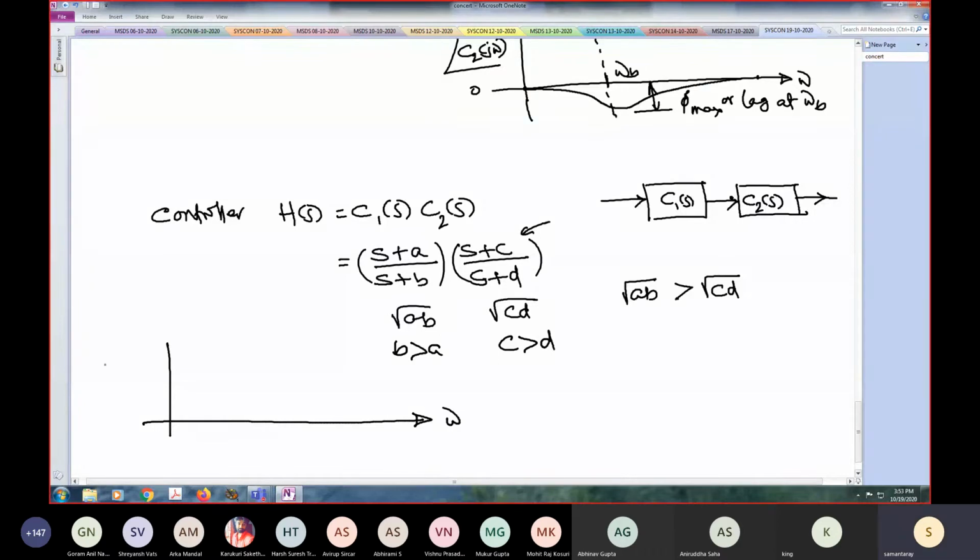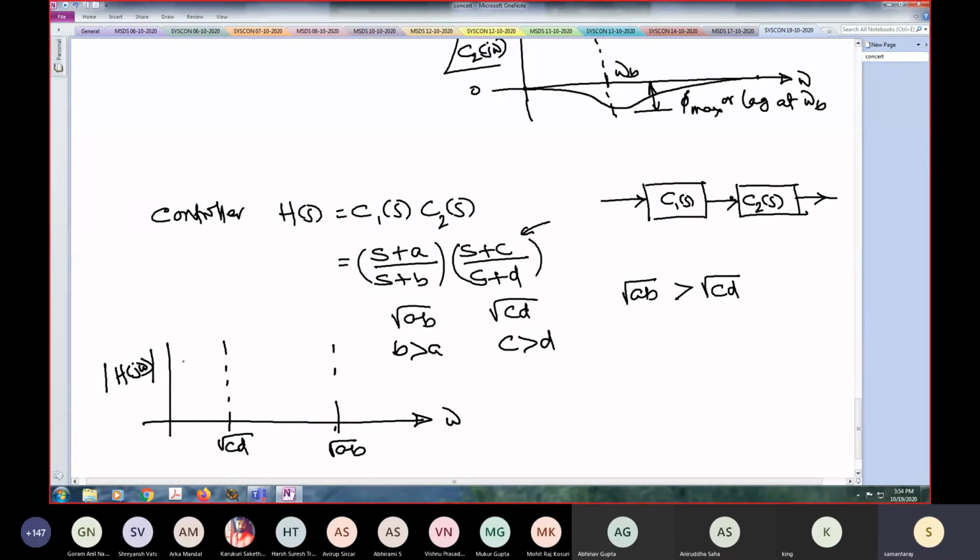Omega, this is magnitude of H(j omega). What kind of response will we get? Square root of AB is the high pass filter cutoff. And this is the low pass filter cutoff, square root of CD.